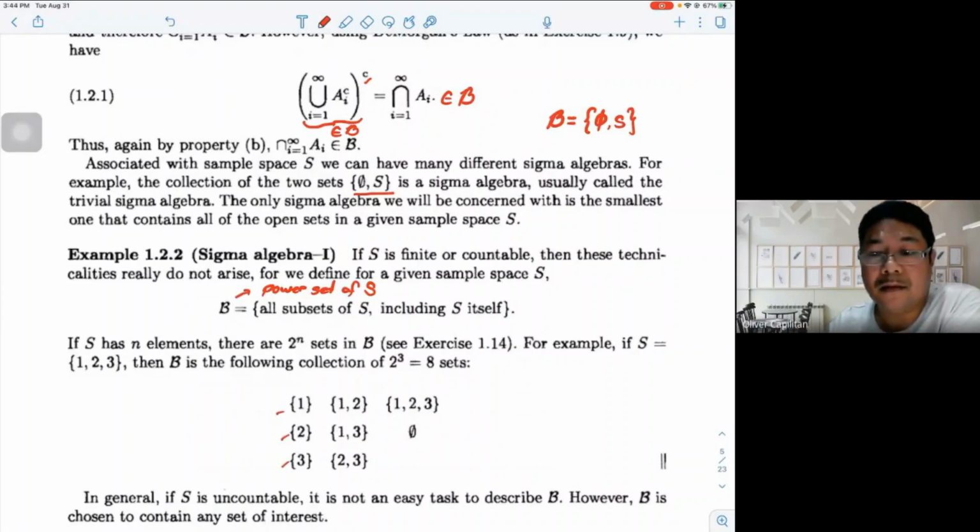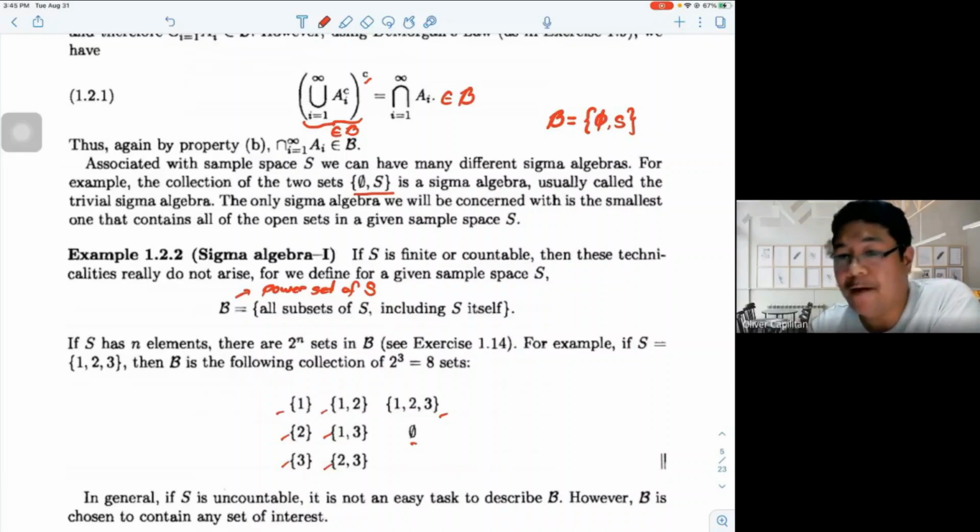And then the sets containing 2 elements: 1, 2, then 1, 3, and then 2, 3. And then we have the empty set. And then the sample space is also an element of script B, which is a subset of the sample space itself. So we have 8 elements for our sigma algebra script B.